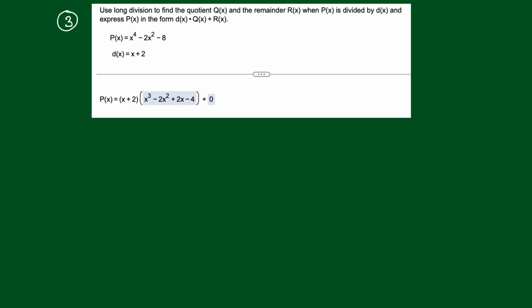We are going to have x plus 2 divide into, now look what we've got here. I got a fourth, no third, a second, and a 0, and no 1. All right, so here's what we're going to have, some zero multipliers there. We'll have an x to the fourth plus 0x cubed minus 2x squared plus 0x, and then minus 8.